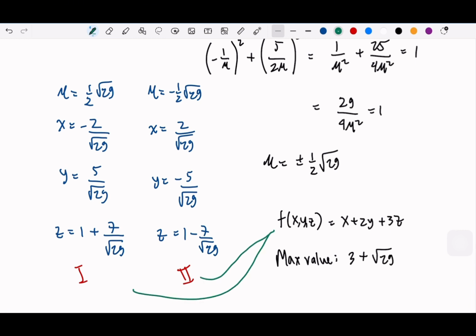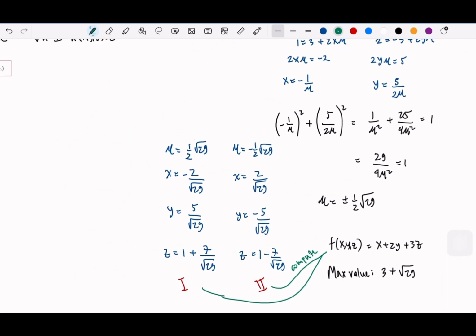Let me write like that. Compute. Okay. So the Lagrange method is finished. Maybe we need to have some familiarity and exercise.